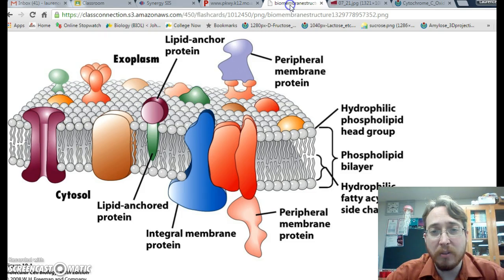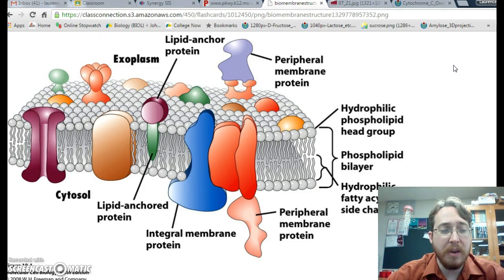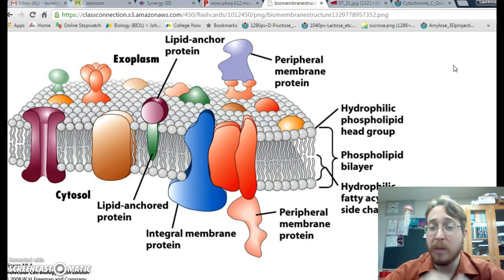Now, there are lots of proteins that get embedded in the cell membrane as part of this mosaic component. And in this model, they're very cartoony, but the proteins can have a lot of different functions. They can be receptors that attract specific material to be enveloped in a vesicle for receptor-mediated endocytosis. They can be recognition proteins, because sometimes cells actually recognize and interact with each other.